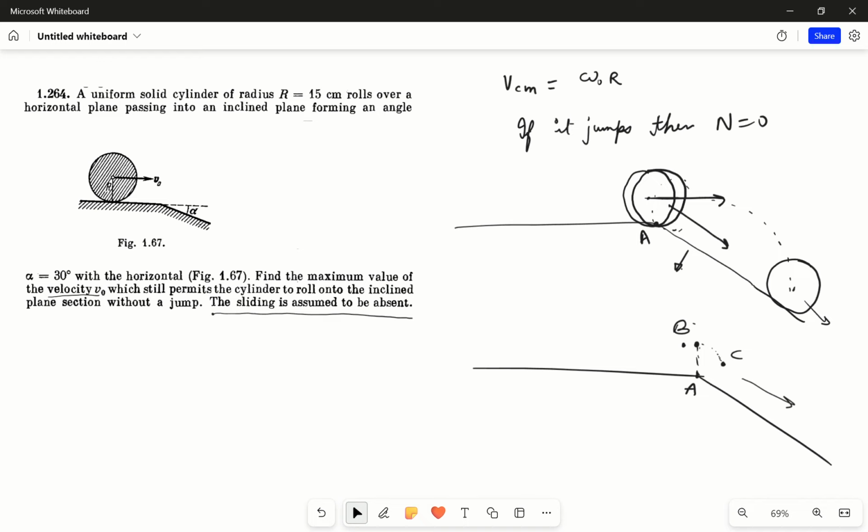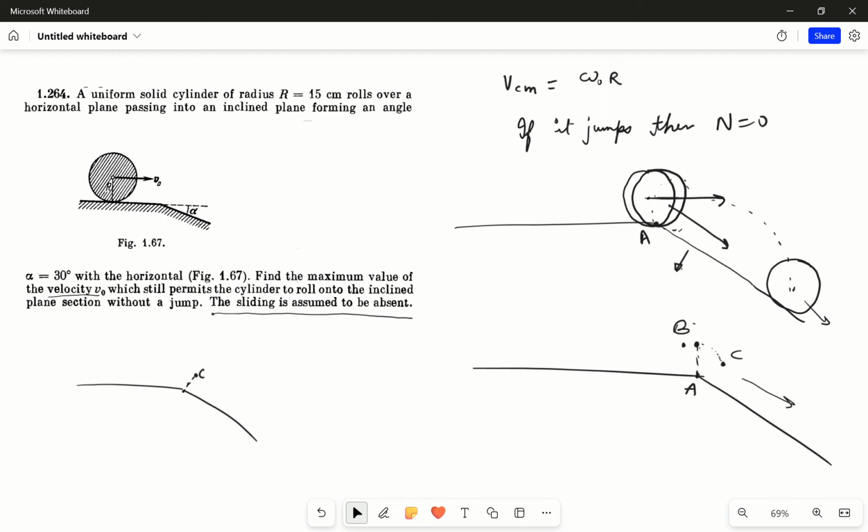What does it mean to leave the ground at point C? Actually, it means nothing. If a ball is leaving the ground at point C, then it is not leaving the ground.